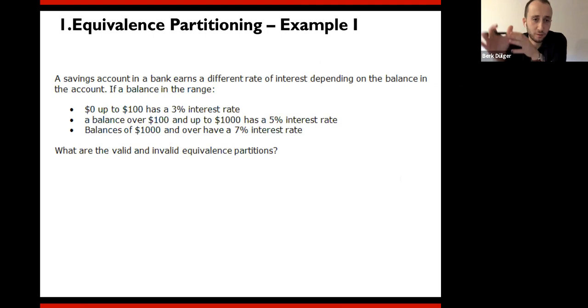And if it is above 1,000, there will be a 7% interest rate. So the question is, how many equivalence partitions exist, and what are the valid and invalid parts? Do you have any answers?